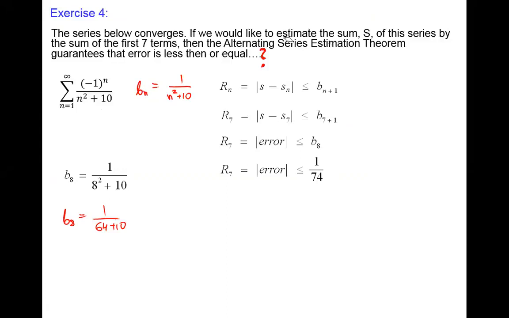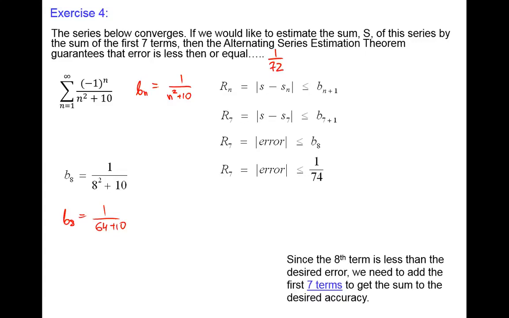That means the error is less than or equal to 1 over 74. Okay, that's all of my examples.